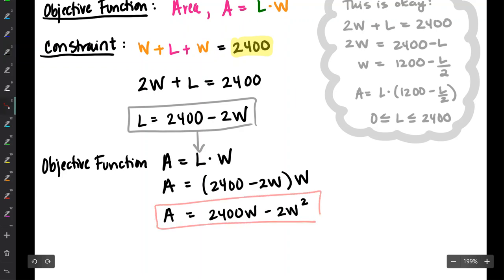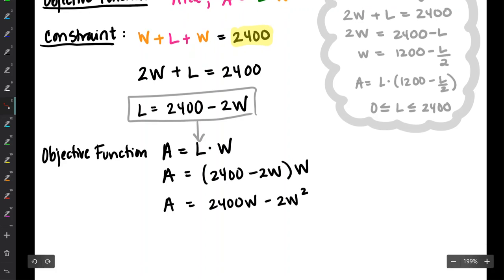Again, this one does happen to be a parabola, so calculus is a little overkill here, but I want to do this with calculus, A, to use the closed interval method, and then B, to talk to you about what if you weren't able to think about the domain? That's okay. We have some options, okay?